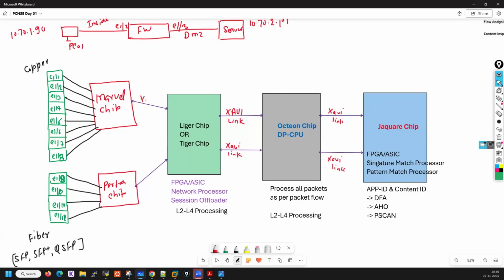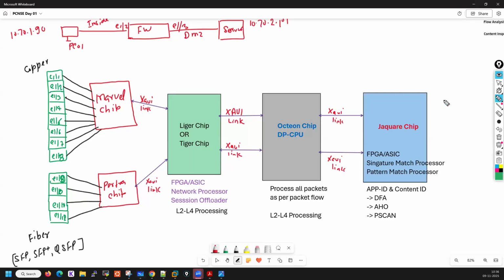Those are the high speed fiber links which will transfer the data from one chip to another chip. So that is the entire hardware level architecture of your Palo Alto firewall.